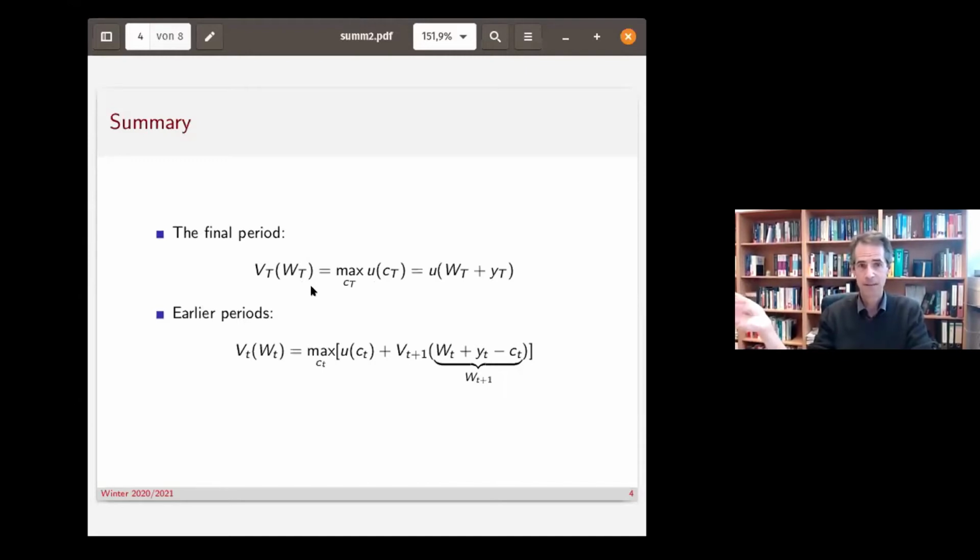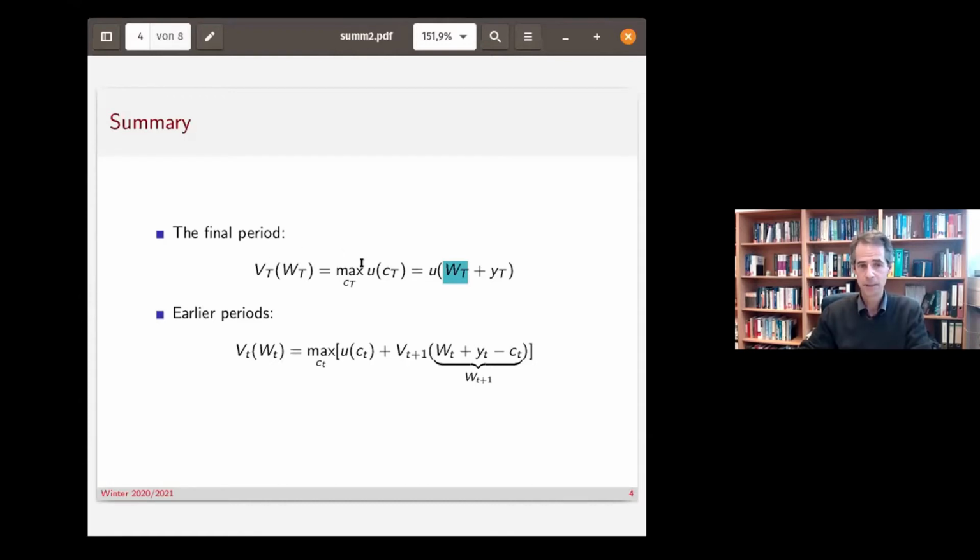But there's no rest in the last period. So it's just the maximum utility you can derive, which means you just consume everything. In the final period, you have a final wealth W_T, which is as yet unknown. And therefore, the value function is just a function of this final wealth plus the final income. So this had to be programmed.